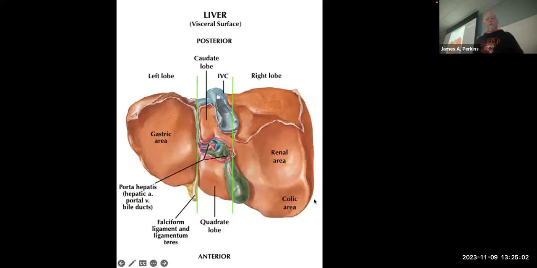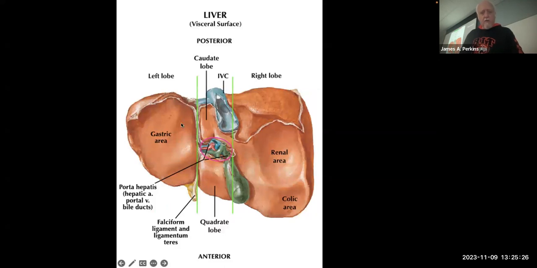Right, now this is a view that you may not see very often. This is an inferior view of the liver, also known as a visceral view, because the inferior surface of the liver is what's in contact with all the other organs. So you can see how the inferior surface of the liver is in contact with other organs.